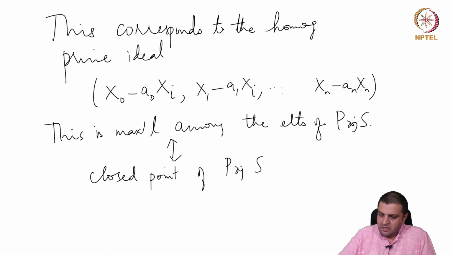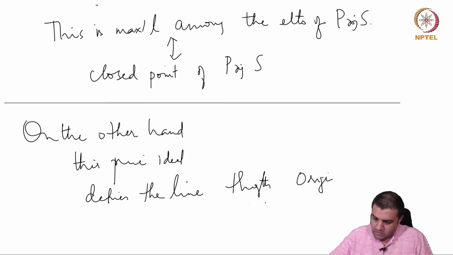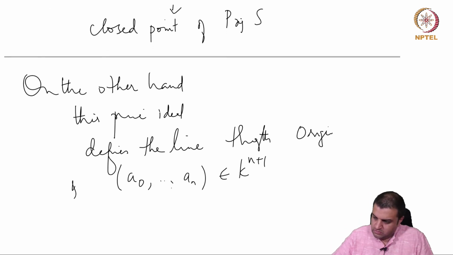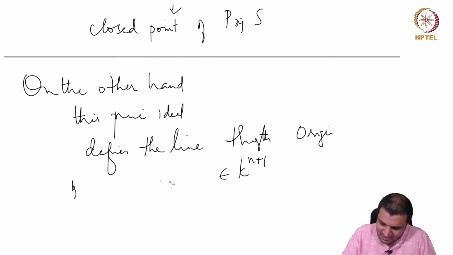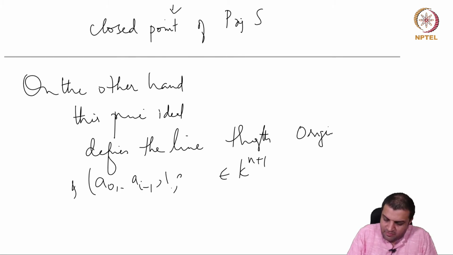So this is a prime ideal. Sorry, this is not correct, there are only n terms in this: a0 up to a(i-1), a(i+1) up to an.